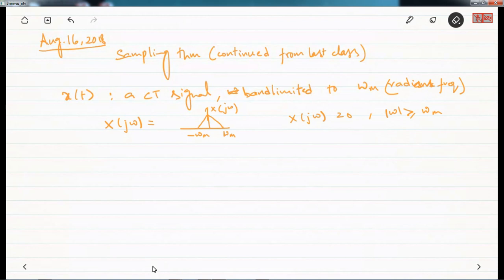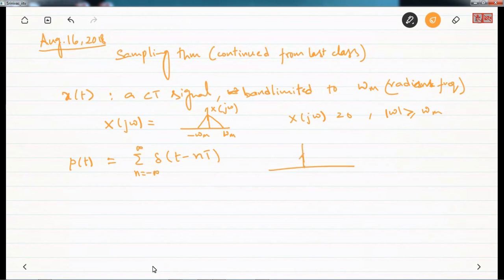This is the frequency domain description of the signal, and then we tried to sample that using p of t. p of t is nothing but a periodic impulse signal, the sum of delta of t minus nT for n equal to minus infinity to plus infinity.